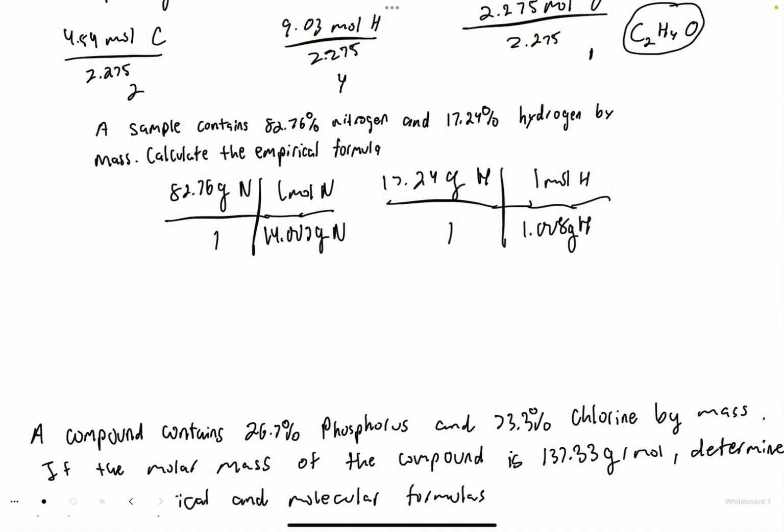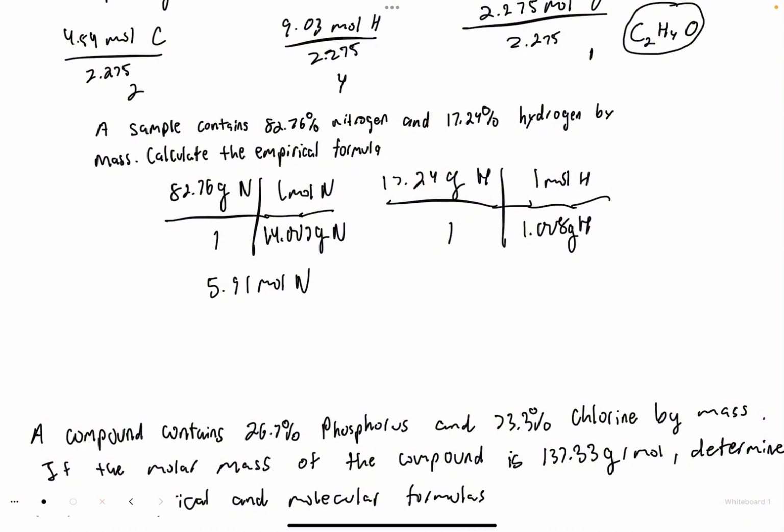So now I just need to do a couple of calculations. So 82.76 divided by 14.007 is roughly going to get me 5.91 moles of nitrogen.